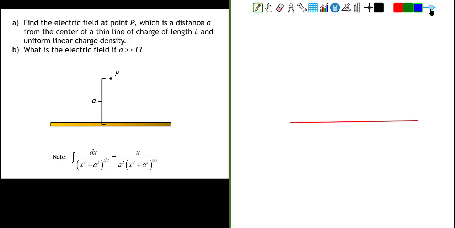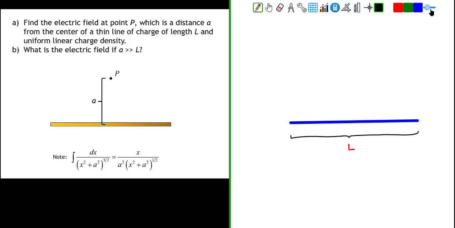So we have a line of charge, and this line of charge has a certain length, L. Being a line of charge, we can treat this charge as a one-dimensional object.